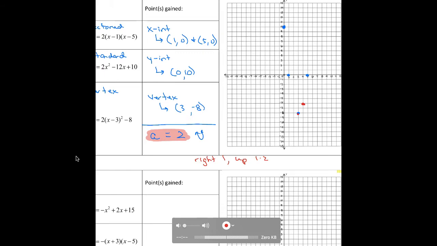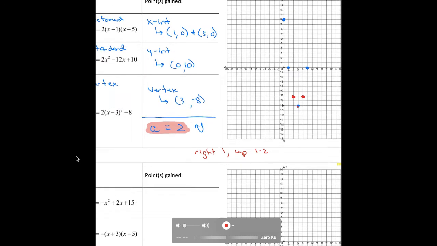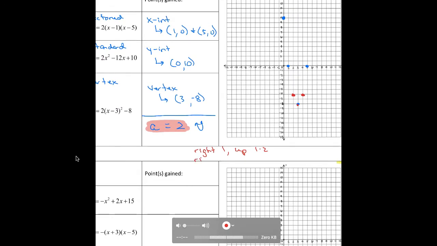And what I do on one side, because this is symmetrical, I'm going to do the exact same thing on the other side. Left 1 and up 2. This first way we view it is always from the vertex. Okay? The next one, I would go right 2 now, and then go up. 2 squared is 4, and then 4 times A, which is 2, is 8.